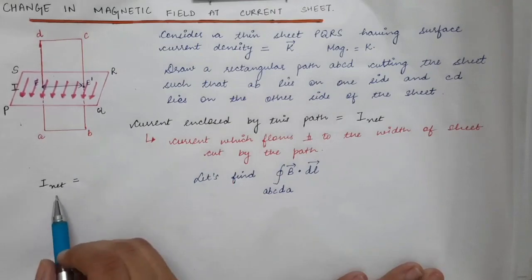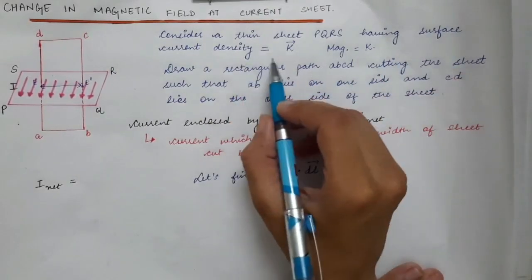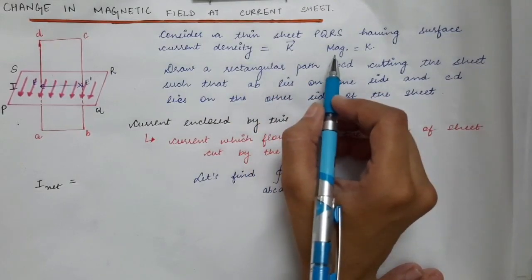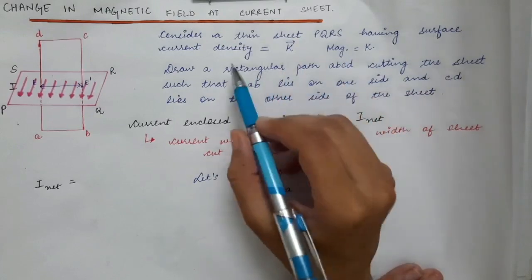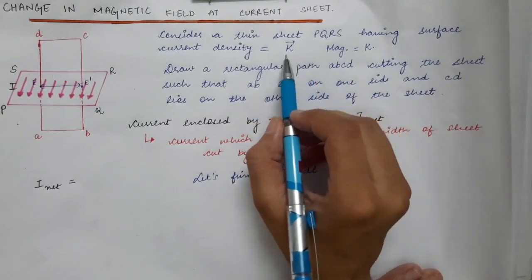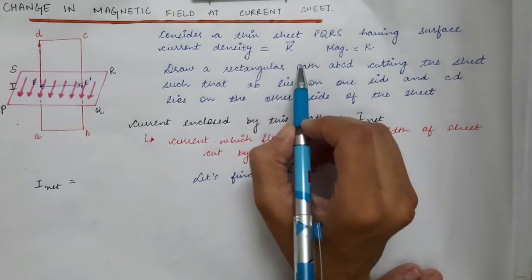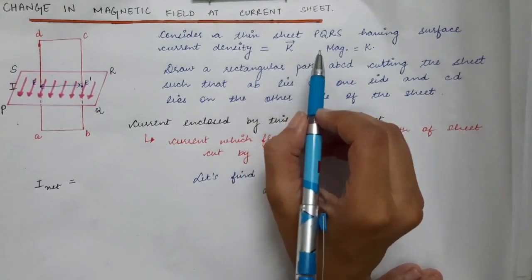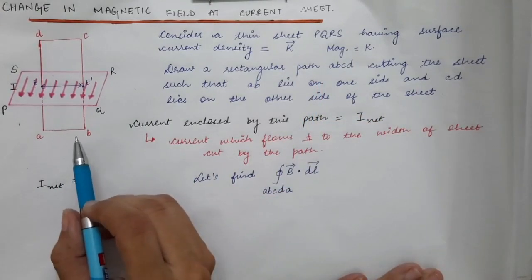The net amount of current will be given by this surface current density vector, and its magnitude is given by K. We have already defined the surface current density in the previous lectures, and we defined it as the current which is flowing in unit width, the current flowing per unit width of the surface.